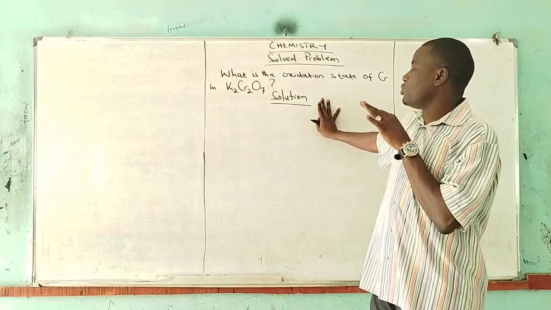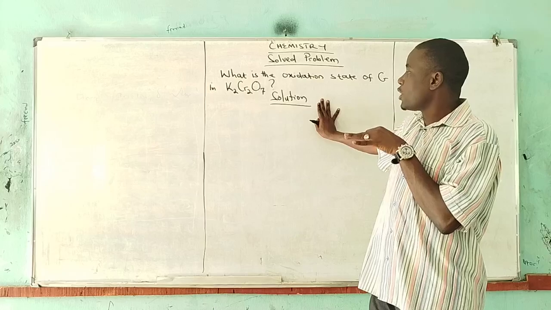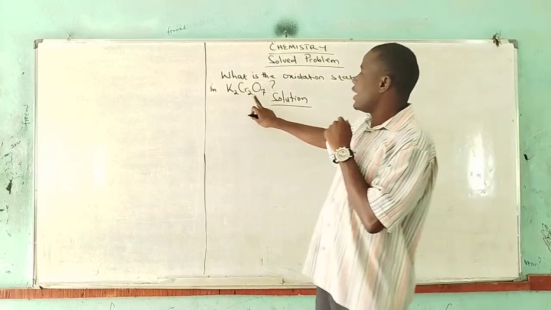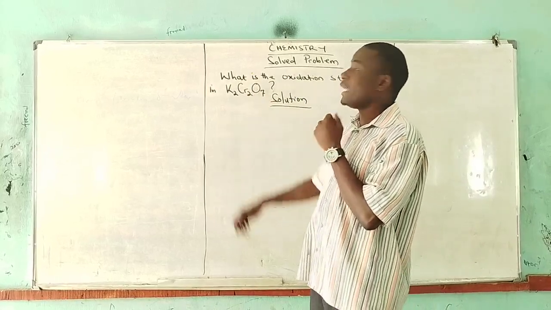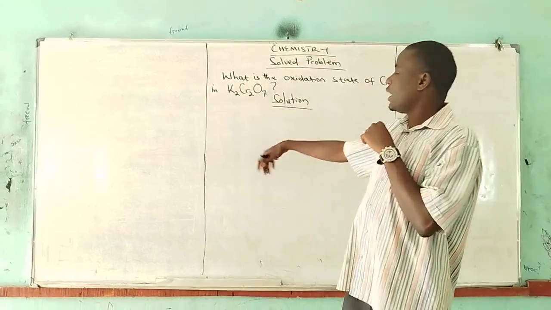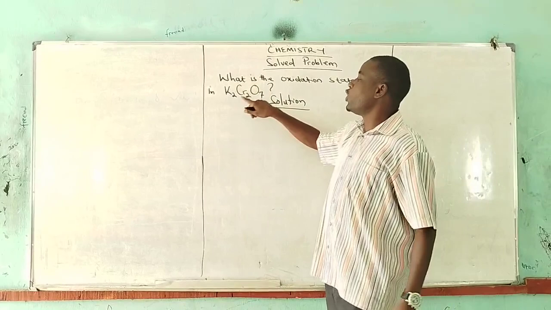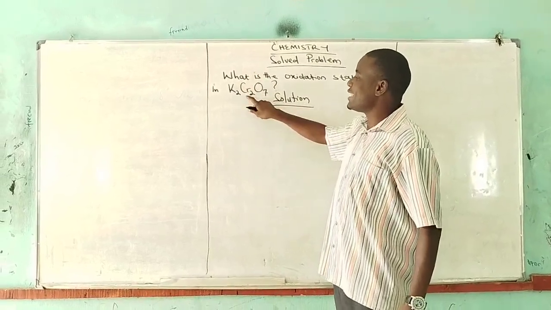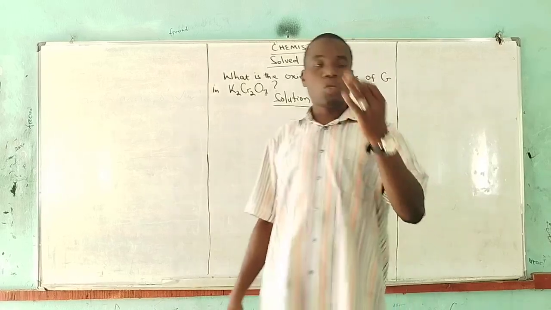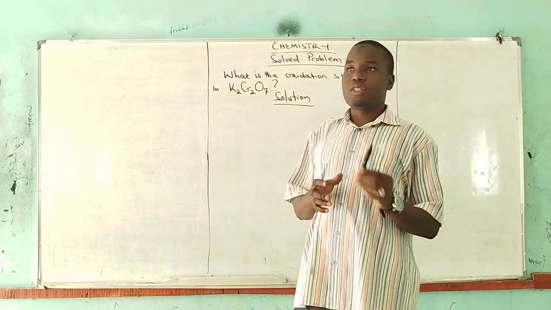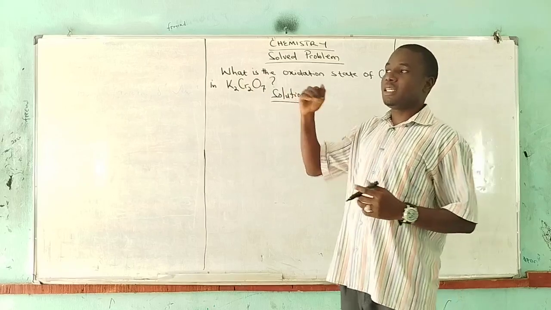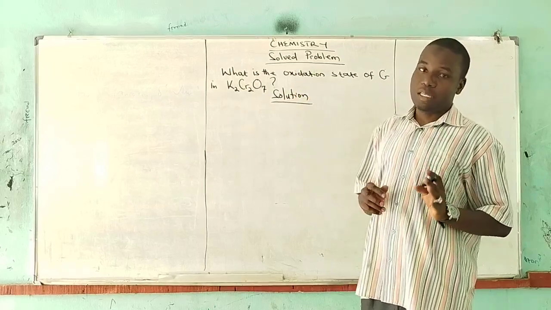All you are expected to do is to find the oxidation number of chromium in potassium heptaoxodichromate. Yes, this is the compound. They just want you to find the oxidation number, or the oxidation state, of this chromium. All you need to do is to recall the rules governing the oxidation number.